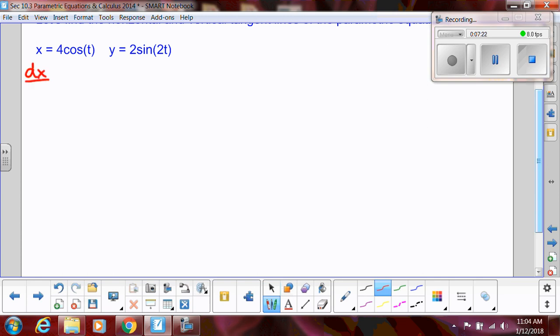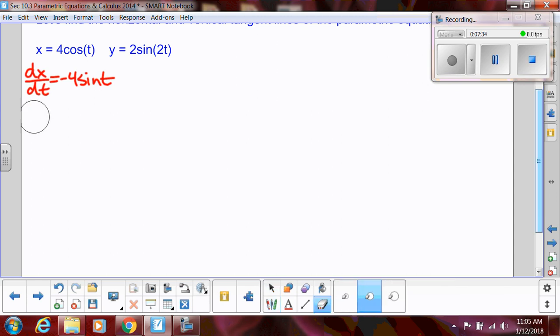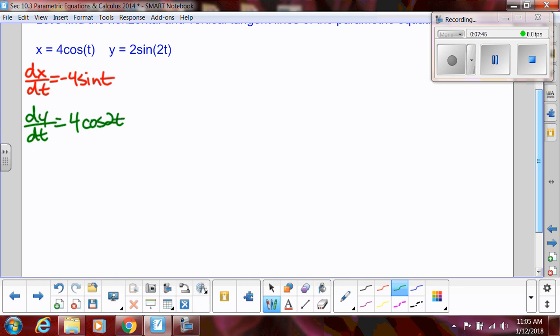Dx dt, remember, derivative of cosine is negative sine, so this is negative 4 sine of t. And then our dy dt, let me do a different color. Dy dt, it is equal to 4 cosine of 2t.